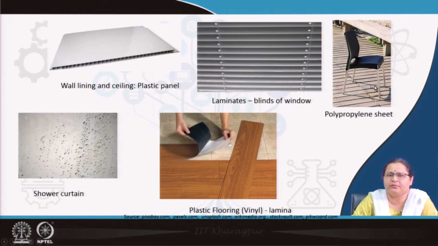The polypropylene sheet, which is the seat or the back of the chair, or maybe some polyurethane panel which can be used as a false ceiling or a wall cladding or a partition.